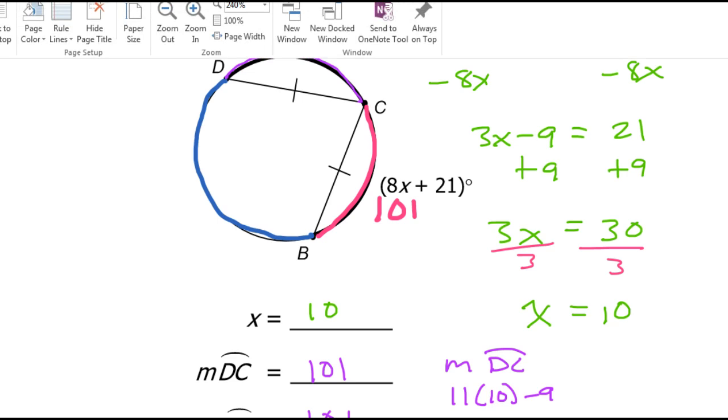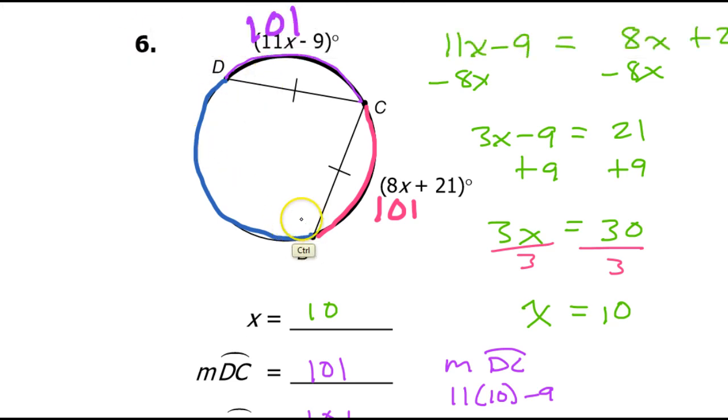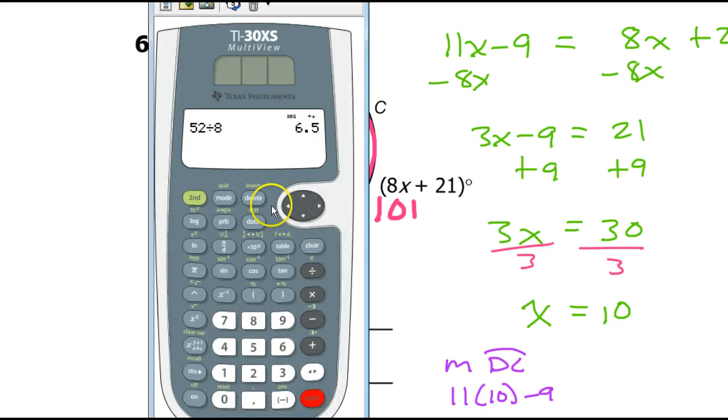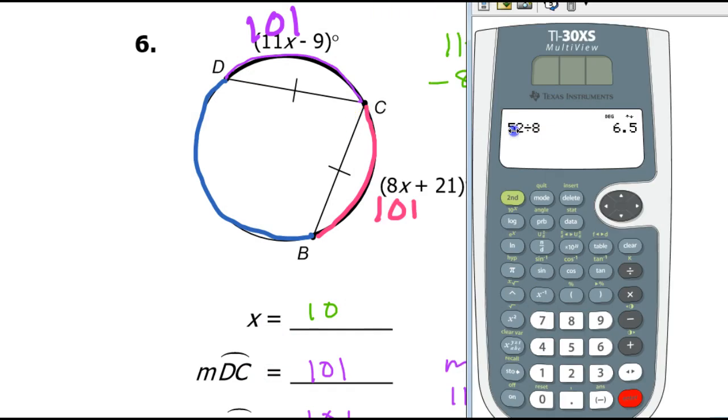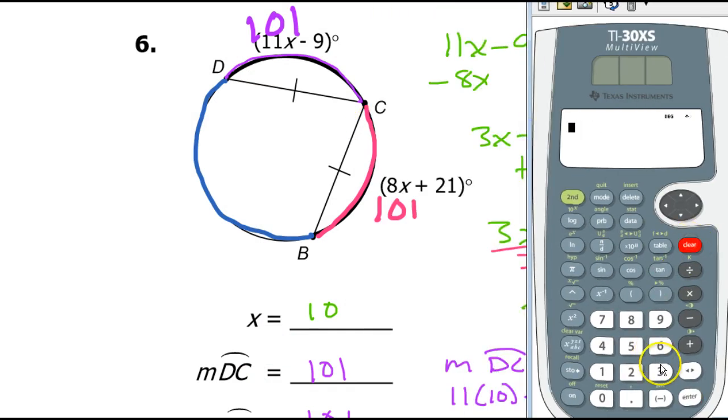And now we're asking for this third part. Well, together these make the full circle. So I should be able to simply subtract from 360. And that leaves 158.